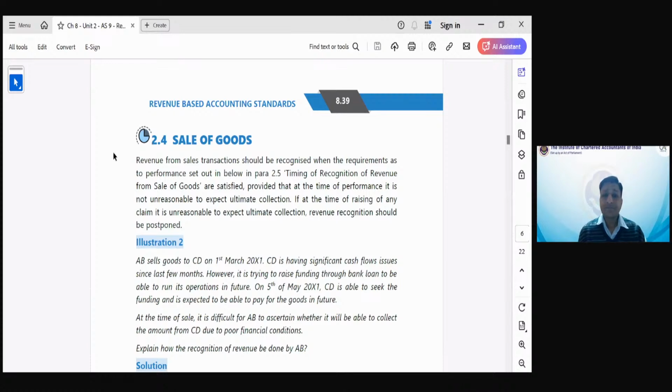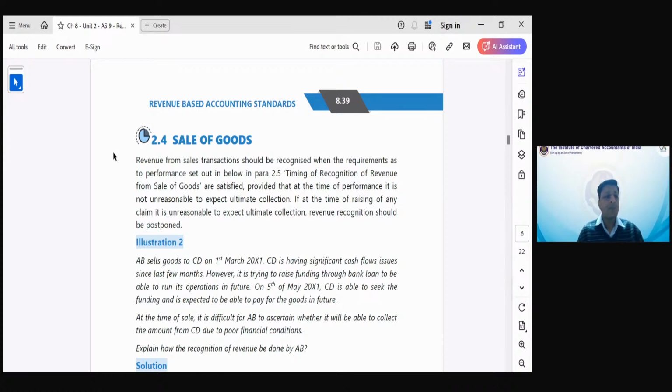However, it is trying to raise funding through bank loan to be able to run its operations in future. So we are talking about CD here. On 5th May X1, CD is able to seek the funding and is expected to be able to pay for the goods in future.